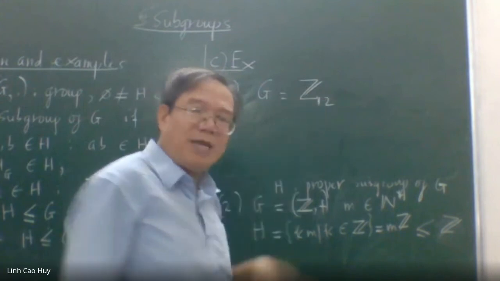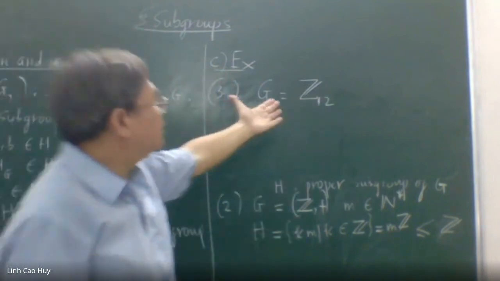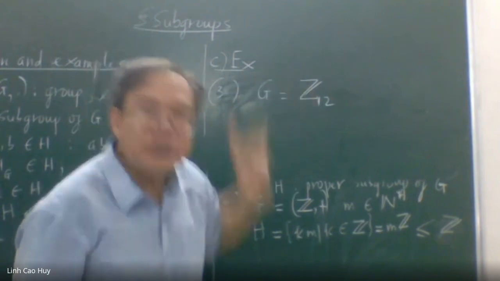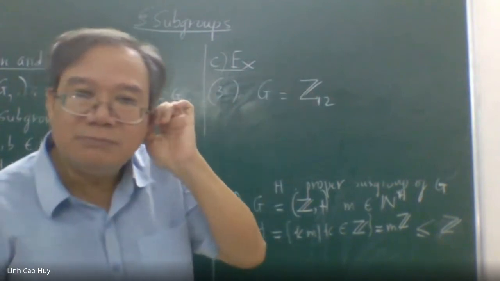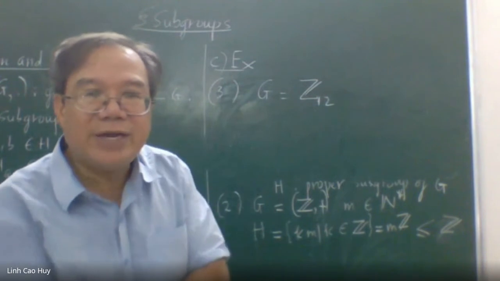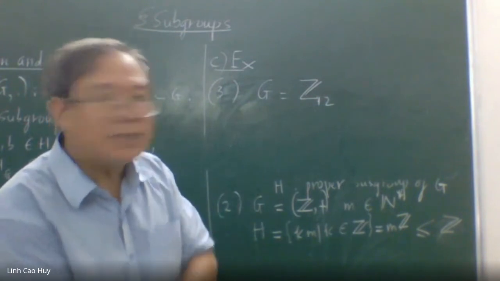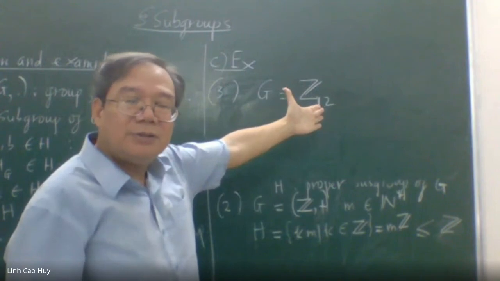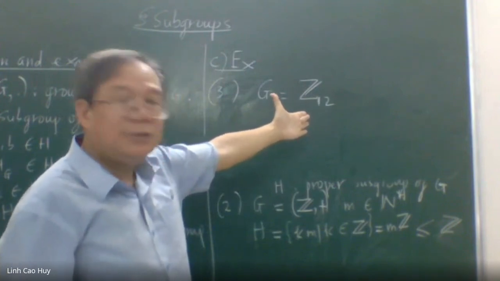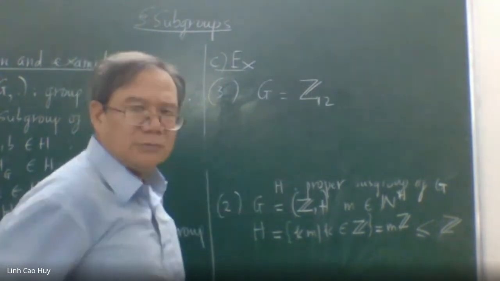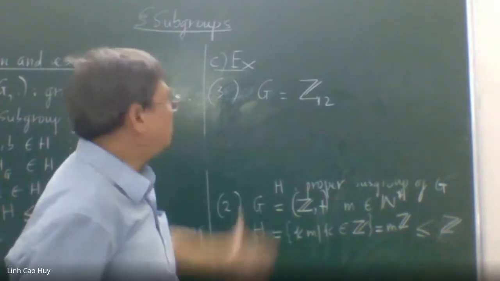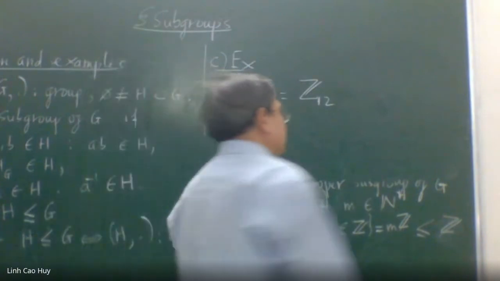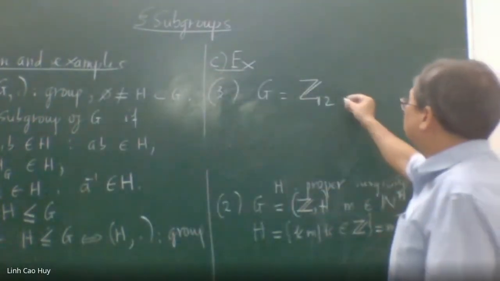Đây là nhóm cộng, nhớ chưa? Ok, phải để ý nè, đây là nhóm cộng, bởi vì phần tử nhân không phải là nhóm.